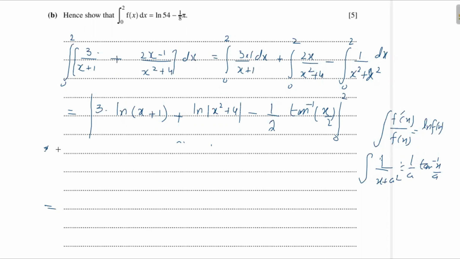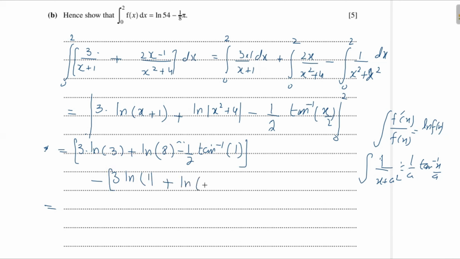In this, we can write it as 3 into ln of, the value is 2, 2 plus 1 is 3, plus ln of 2 square plus 4, that becomes 8, minus 1 over 2 tan inverse 2 over 2, which is 1, minus, we put the value 0, that's equal to 3 into ln 1 plus ln of 0 plus 4, which is 4, minus 1 over 2 tan inverse 0.